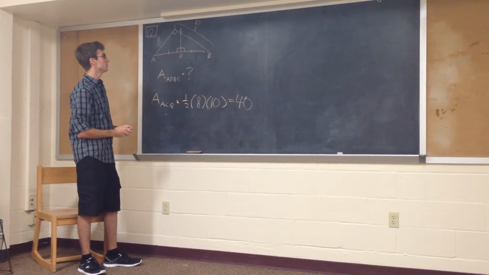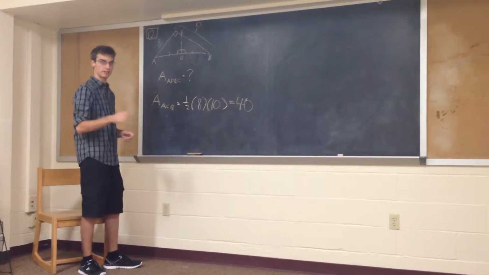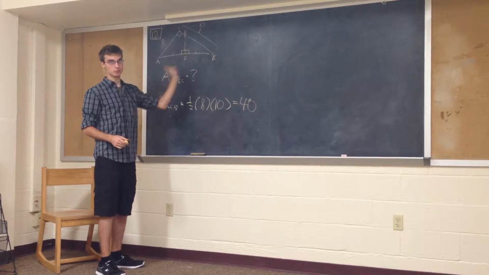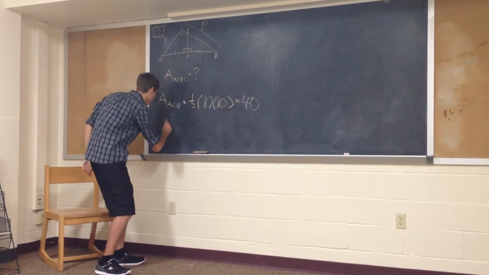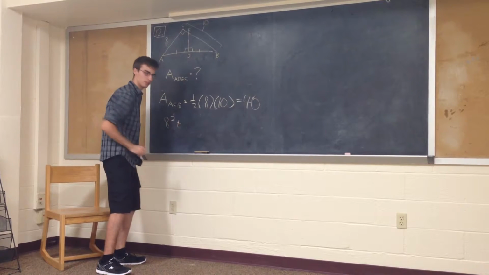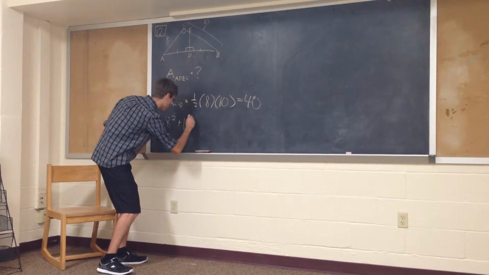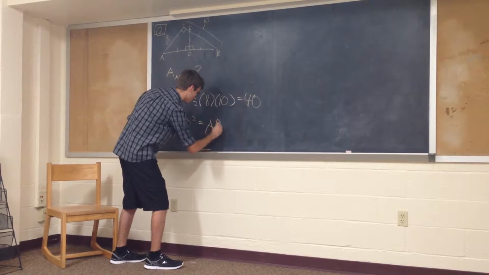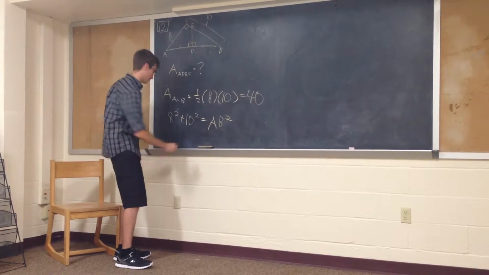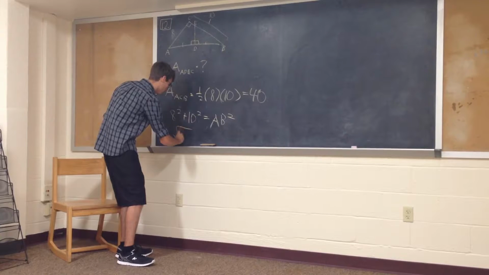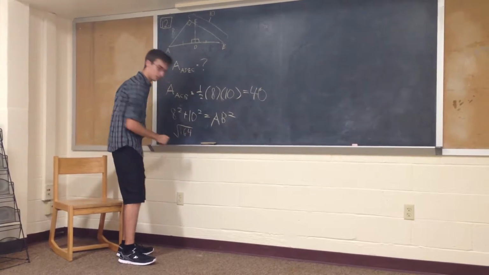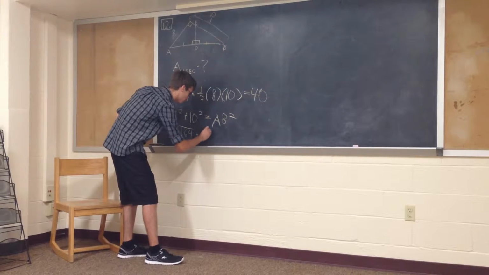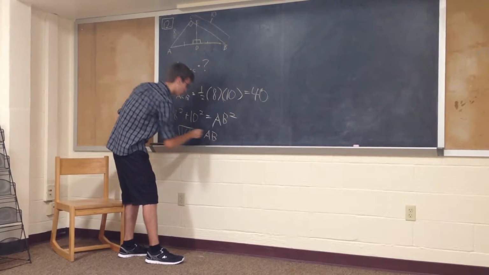Now the hypotenuse. If you're familiar with the Pythagorean theorem, you know base squared plus height squared equals hypotenuse squared, so let's do that real quick. 8 squared plus 10 squared is equal to AB squared. All right, so root 164 equals AB. I skipped a couple steps there, sorry if that disoriented you, but gotta move it along.